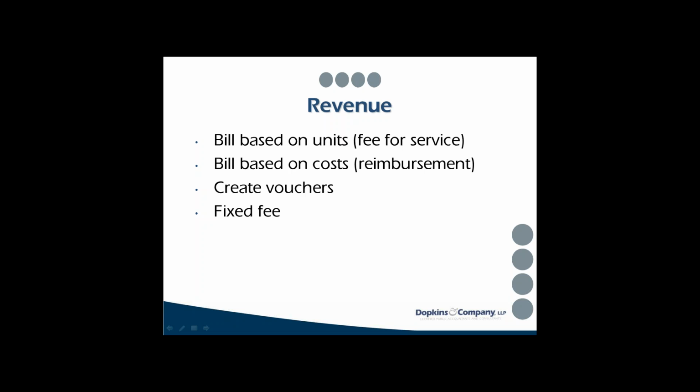So I might need to create a voucher. So you can have different kinds of jobs that are treated differently, just like if you were a construction contractor, you might come in and build a kitchen for a fixed fee, or you might do some renovation work on a time and materials basis.